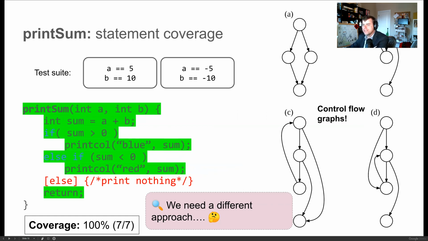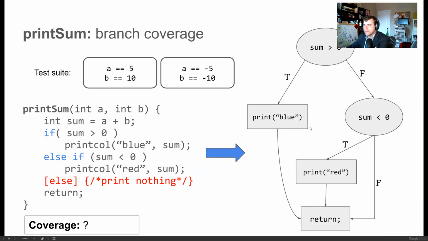And so one way to start thinking about it is to use this idea of control flow graphs, which essentially will look at a piece of code, a function, and divide up all the statements and control decisions like if statements and loops, etc., and use that to create a graph of the possible flow of execution. And if we use something like this, then we can start to do some different types of reasoning.